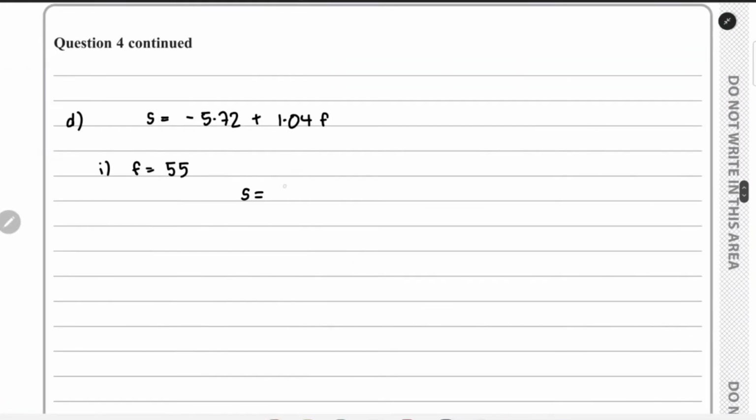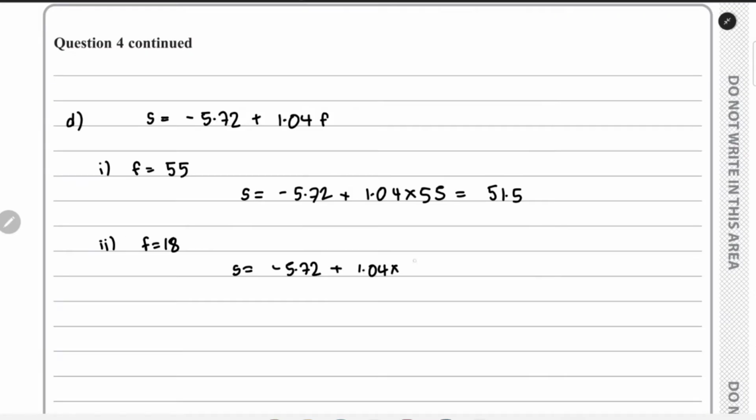So s will be minus 5.72 plus 1.04 into 55. We'll get 51.5 over here. For the second part, f is 18, so s will be minus 5.72 plus 1.04 into 18. This will be 13.